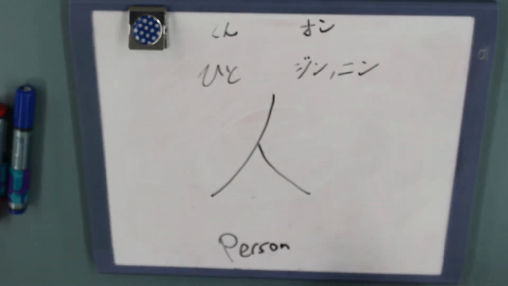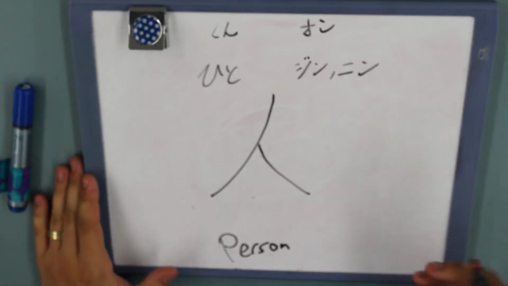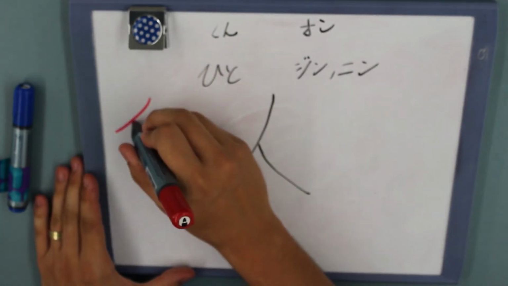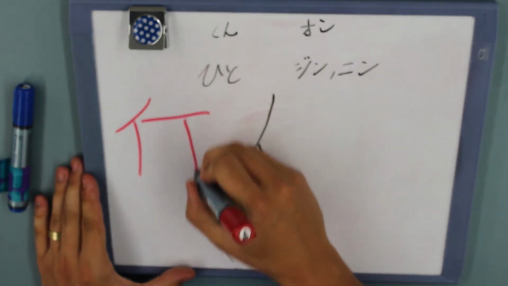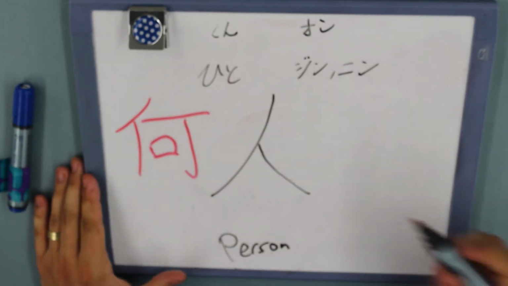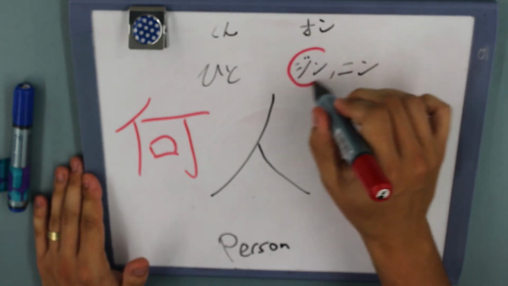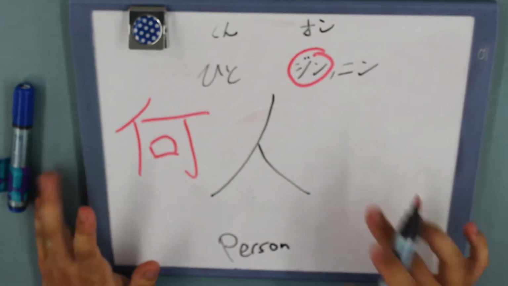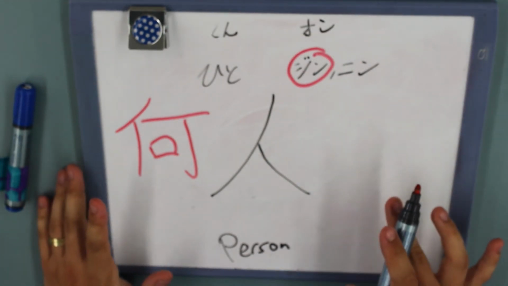Nanjin desu ka? What nationality are you? Or nannin desu ka? How many people are there? So the phrase that you've learned so far is nanjin desu ka, meaning nationality. And it really means, very quite literally, what person are you? So nanjin, because we're taking the on reading, because it is a combination of two characters together.